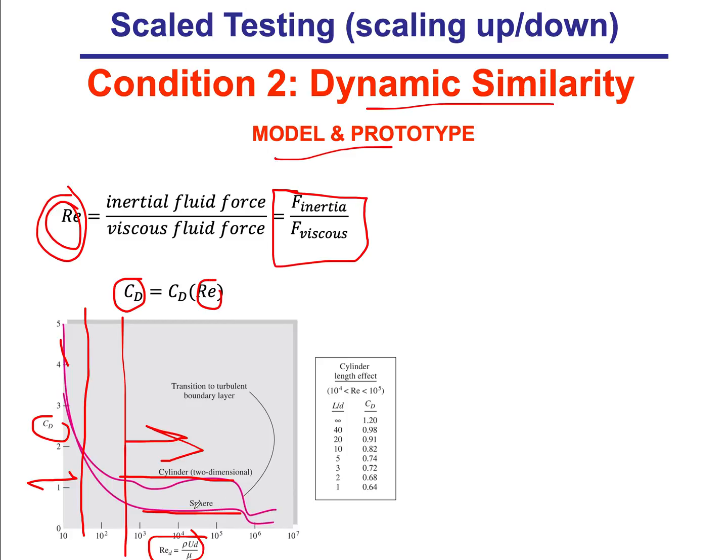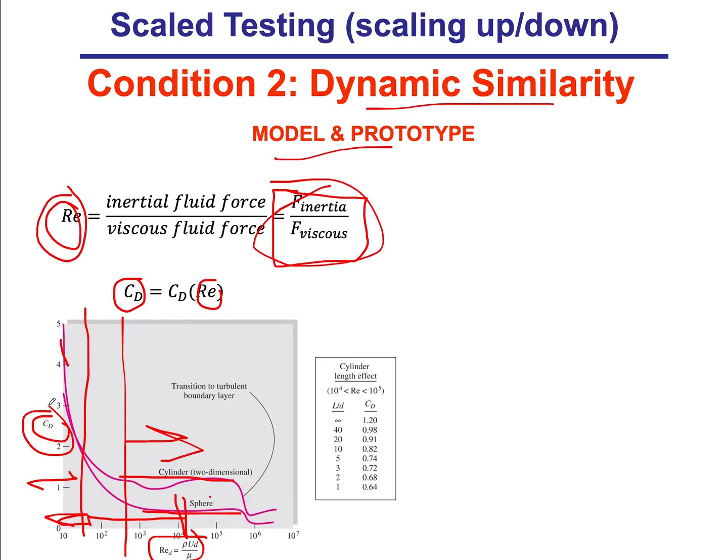So if I want to predict what my model is going to give me, I need to guarantee that my model and prototype have the same Reynolds number. And then when they have the same Reynolds number, the ratio of the drag forces between the model and prototype will also be the same. Once I guarantee that the internal properties are the same, and I have geometric similarity, then I would expect that the forces will extrapolate because the drag coefficient will be the same.